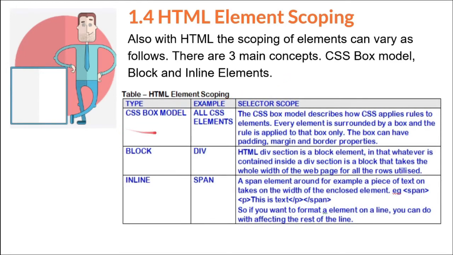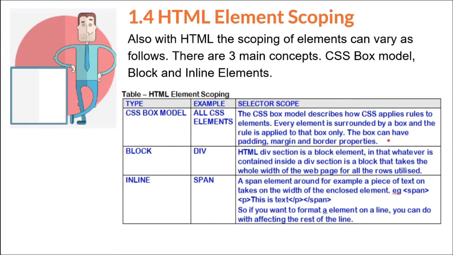For example, the CSS box model applies to all CSS elements. Every element in an HTML page is surrounded by a box. The CSS box model describes how CSS applies rules to the elements. Every element is surrounded by a box, and the rule is applied to that box only. The box can have padding, margin, and border properties.